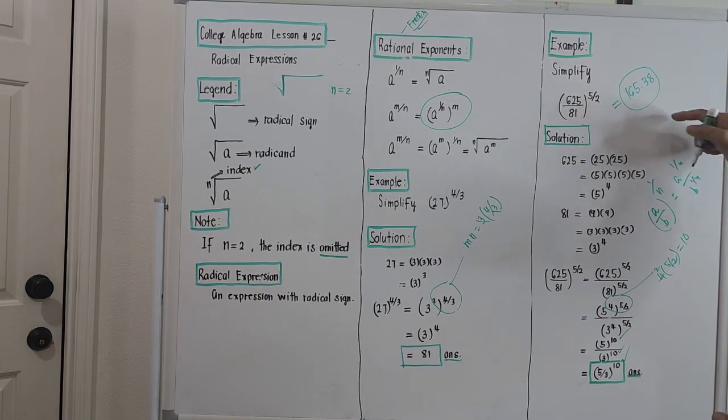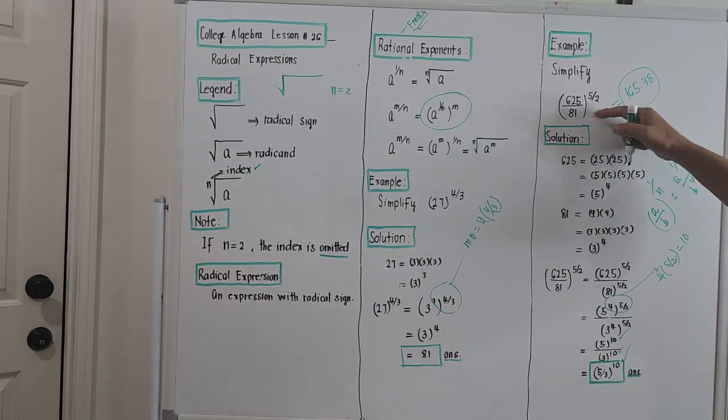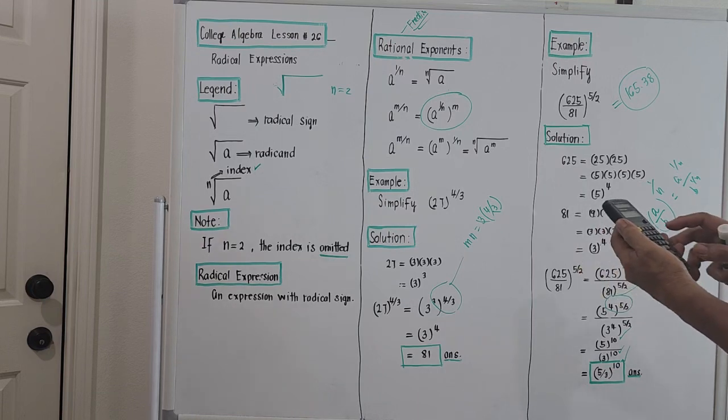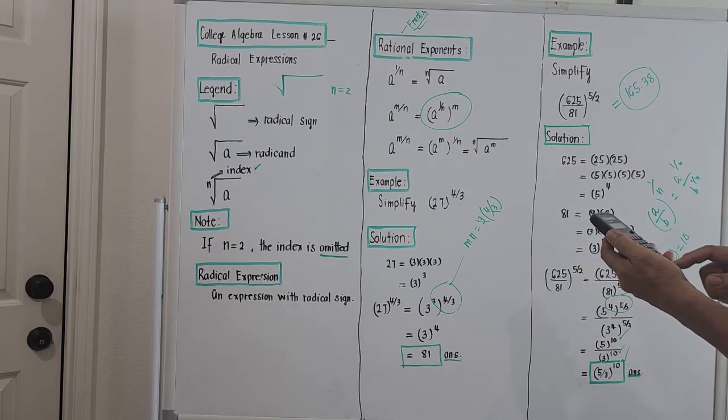If we go directly to these numbers using our calculator, to check the correctness of our answer, it is actually 5/3 raised to the 10th power. So you just take 5 divided by 3, raise that to the 10th power.